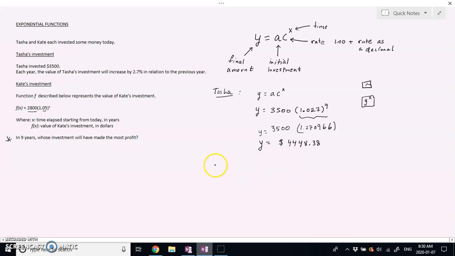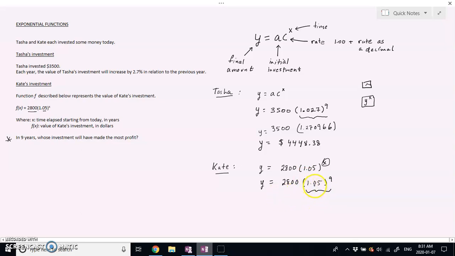Now, if I go to Kate's investment, I notice that we already have the rule. Now they've put f of x there, and I could rewrite that as y equals 2800 times 1.05 to the x. Now we actually have a value here for x. We're talking about comparing these two people after 9 years. So I'll put that 9 in there. And remember, you have to do this part first.